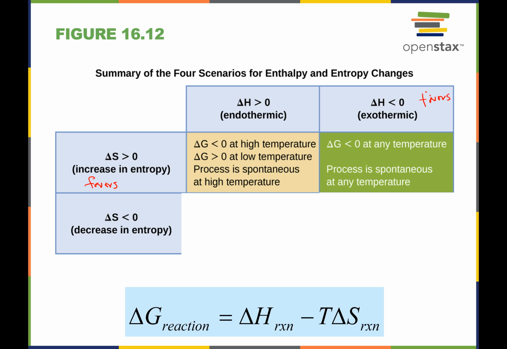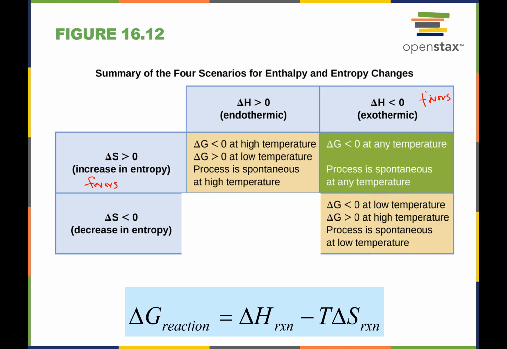Here we got a couple of different options. Notice in the first one, the entropy favors it and the enthalpy disfavors it. So it kind of depends. We said at high temperatures, this could happen. Down here in the lower right-hand corner, this could go if your enthalpy term takes off, and this will happen at low temperatures.